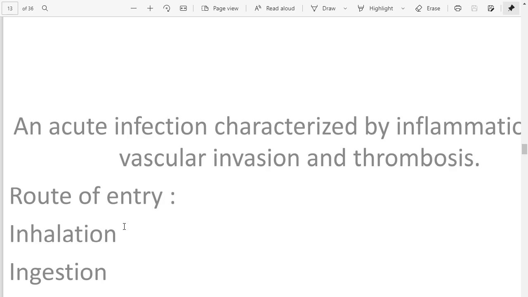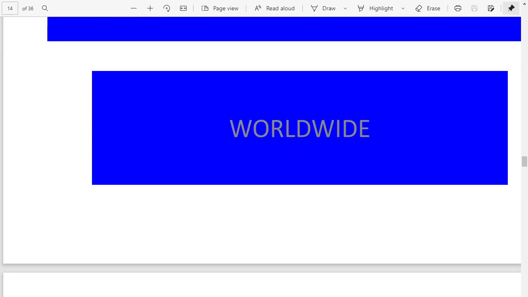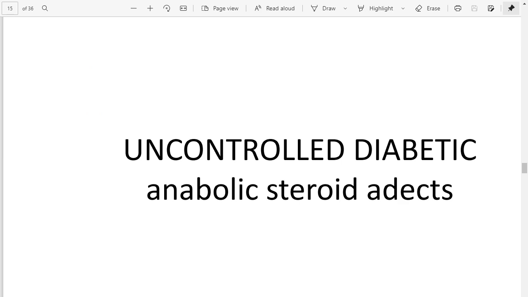Sometimes we might get extension through the cribriform plate into the brain, and this usually occurs within the first 24 hours, causing the destruction of the bone as well as the vessels inside the brain, ending in death. A rare condition occurs due to ingestion, so you can get mucormycosis inside the intestine, and to a lesser extent in certain wound contamination.